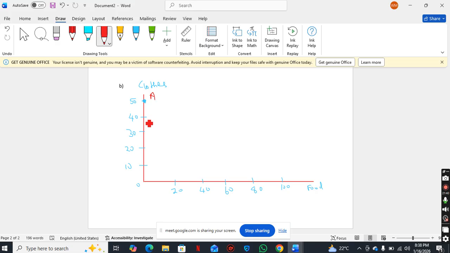Combination B, we're producing 40 units of clothes and 20 units of food. Combination C, we are producing 30 units of clothes and 40 units of food. For combination D, 20 units of clothes, 60 units of food.